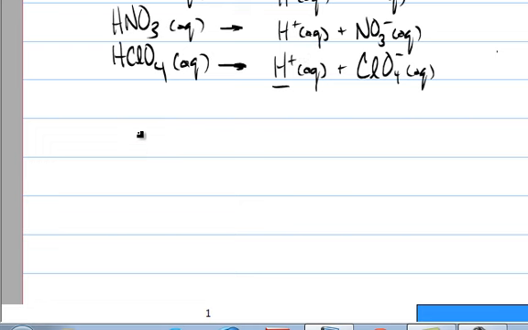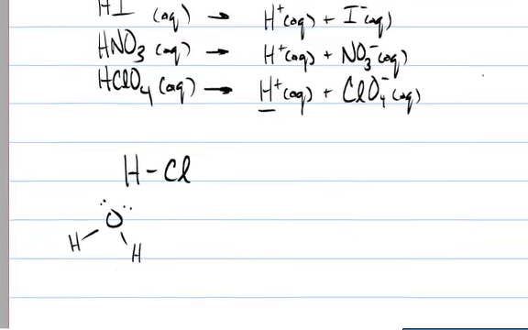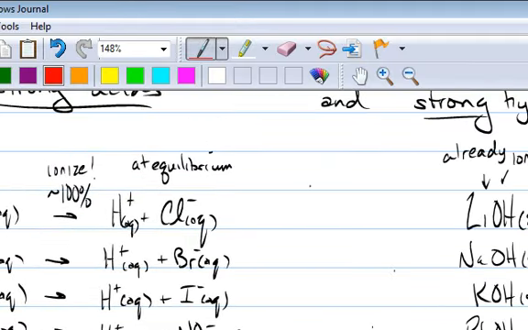Remember that strong acids are molecules, they are covalently bonded, and when they're put into water there will be a chemical reaction. The covalent bond between the H and the, in this case, Cl, will break. 100% of them will, approximately, at equilibrium.